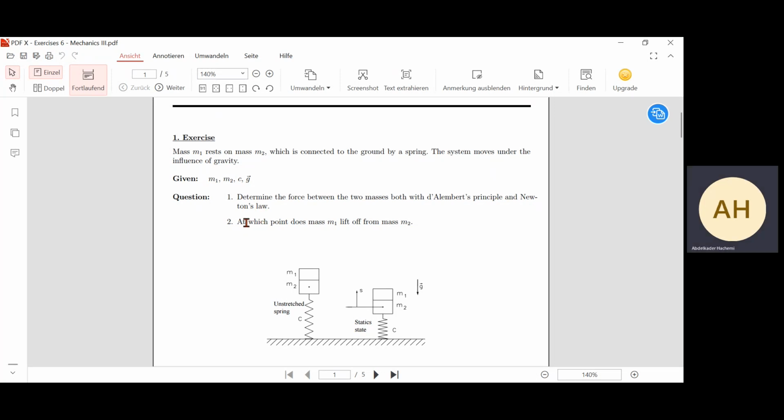The second question is, at which point does mass 1 lift off from the mass M2? That means when it lifts off, there is no contact between the mass M1 and M2.